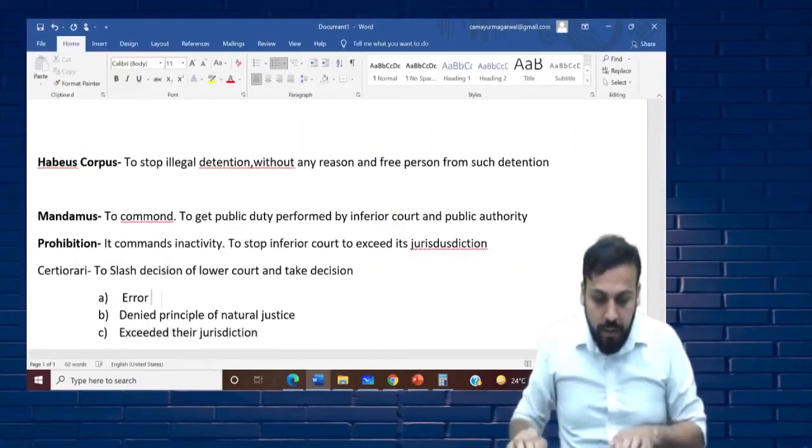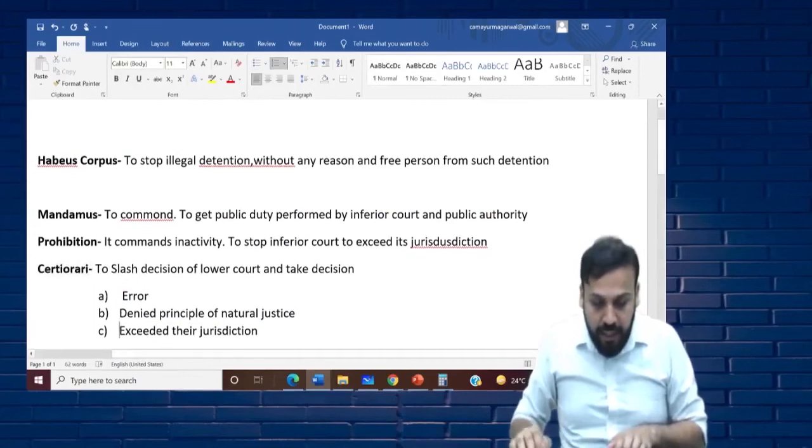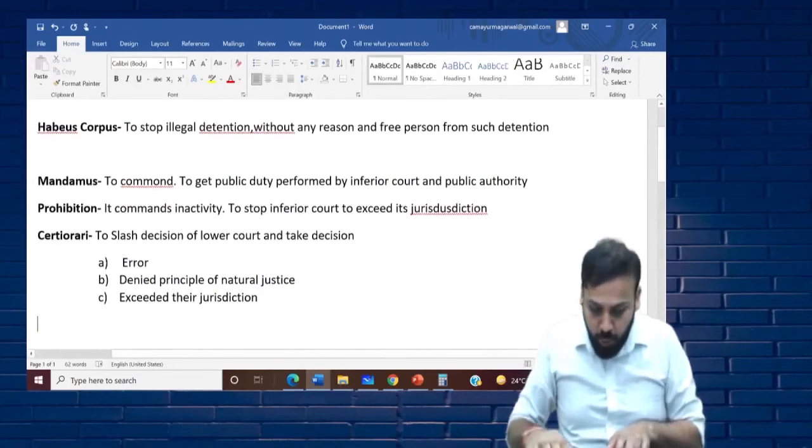So that is certiorari. Very clear. So habeas corpus, mandamus, prohibition, and certiorari. And last is quo warranto.